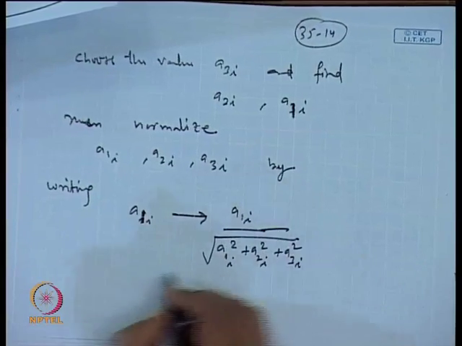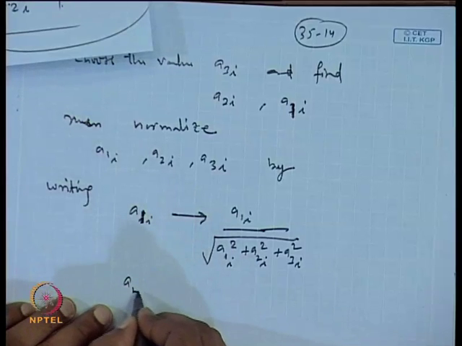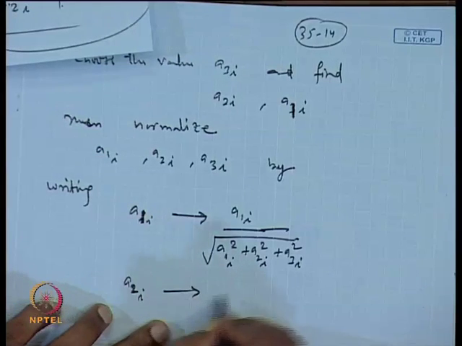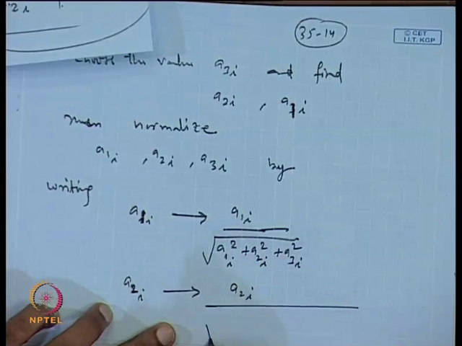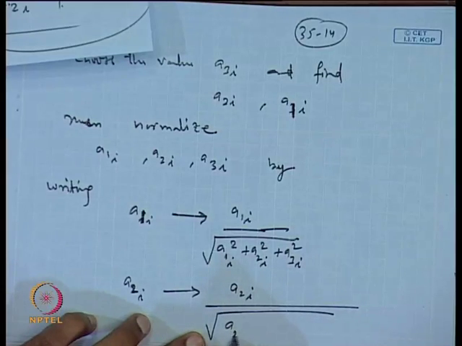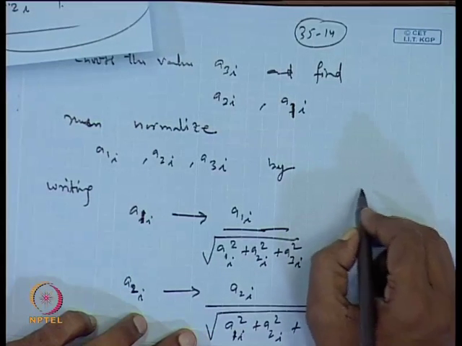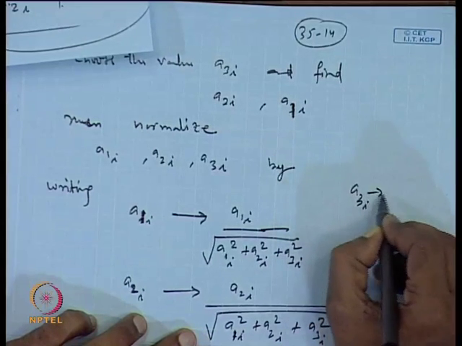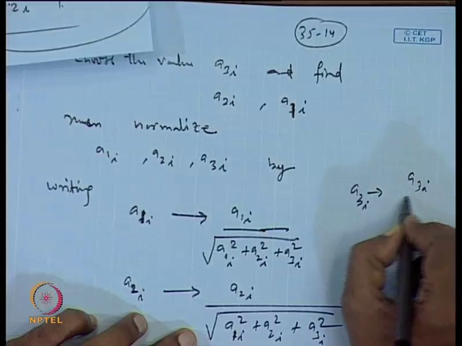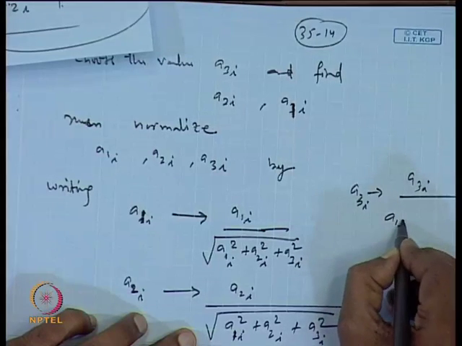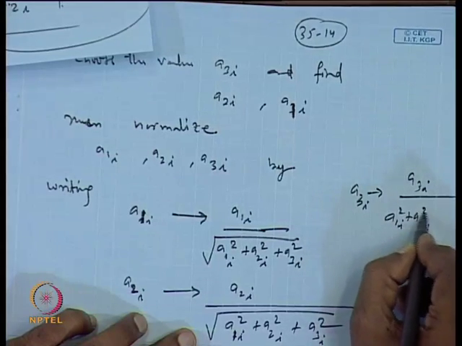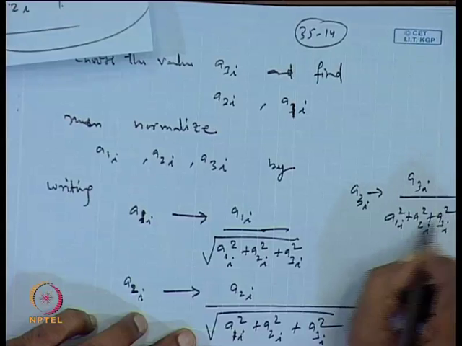Similarly, A 2 I you will be replacing as A 2 I divided by the square root of A 1 I square plus A 2 I square plus A 3 I square, and similarly A 3 I you will be replacing with A 3 I divided by the square root of A 1 I square plus A 2 I square plus A 3 I square.